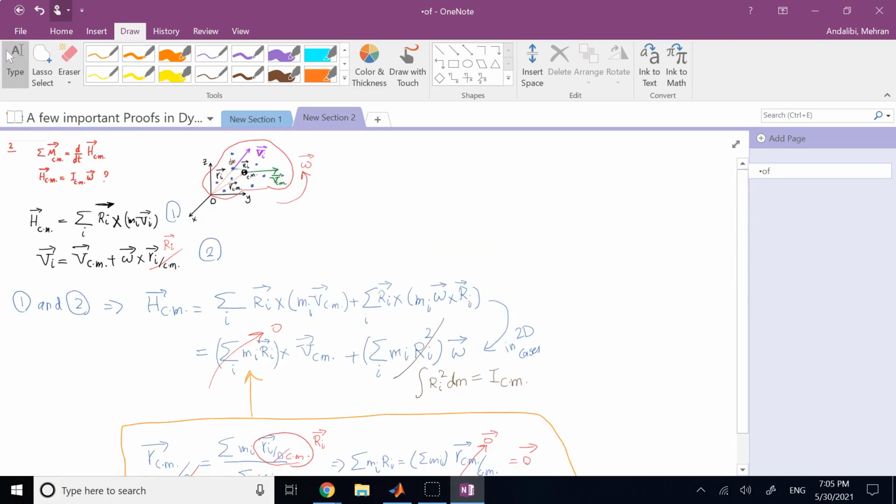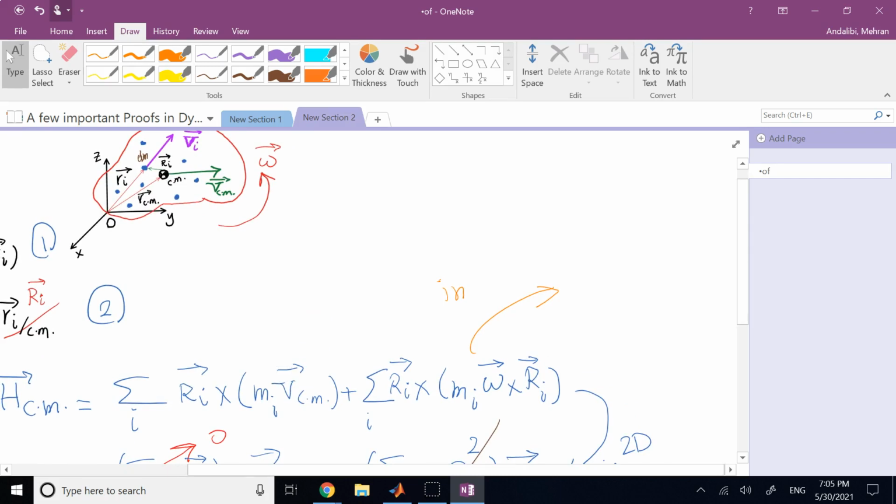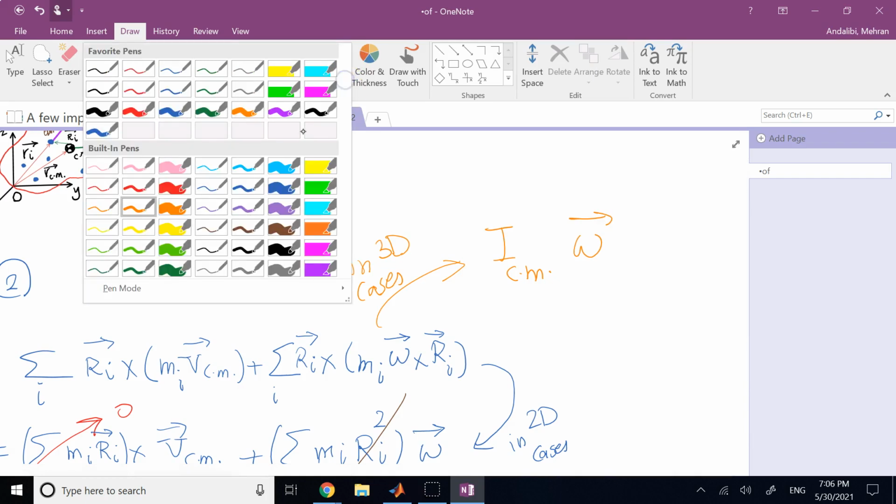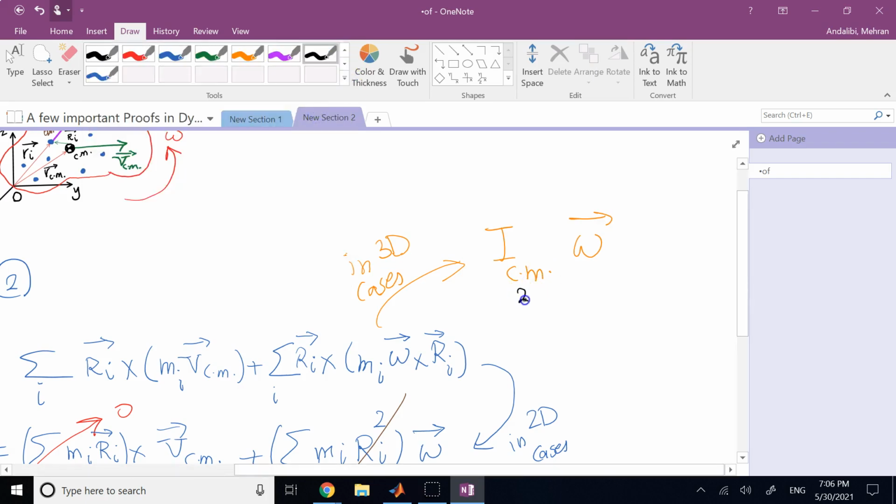In 3D cases, it's not that simple. This is going to be, in 3D cases, let me write it for you, matrix I with respect to the centroid times vector omega. Okay, but as I said, the dimensions are important here.